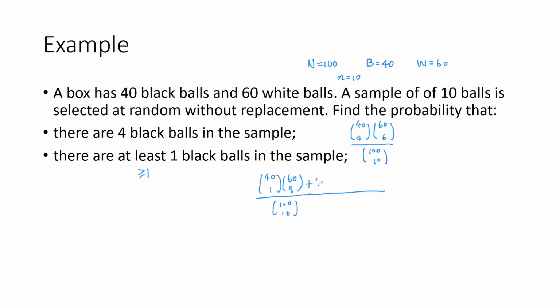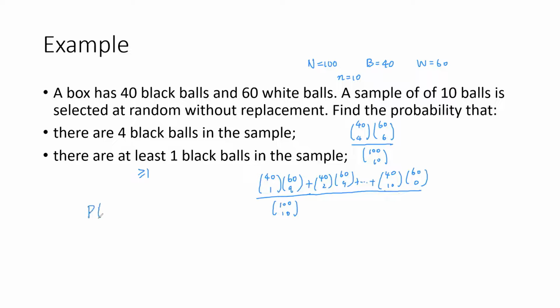And then you have a 40, choose 2. That's really tedious to calculate. Some people just write that and leave it like that. It's not wrong, but it would be preferable using a different way, which is using the complement rule.